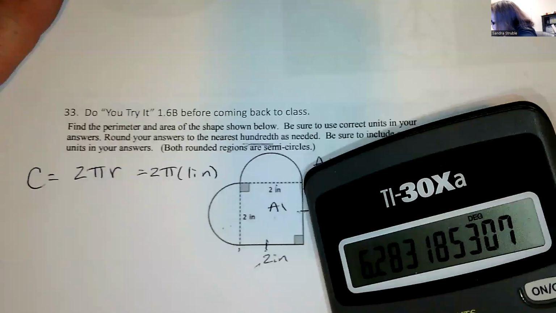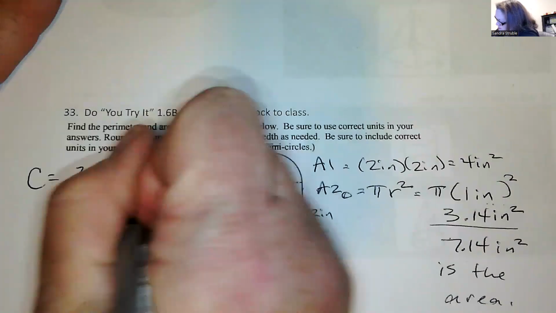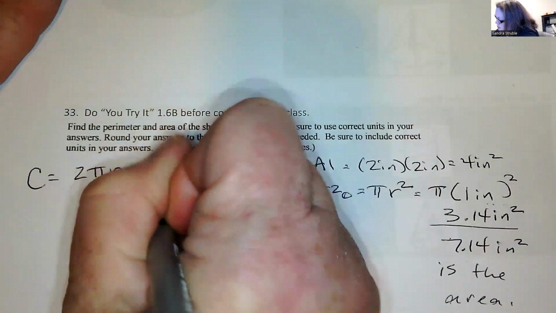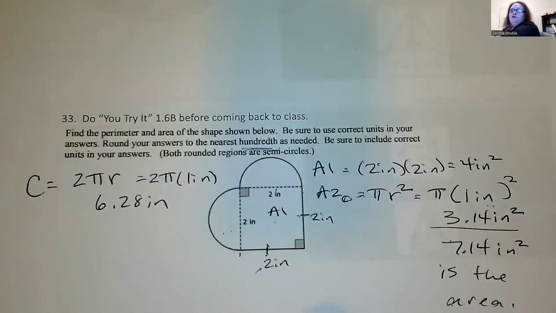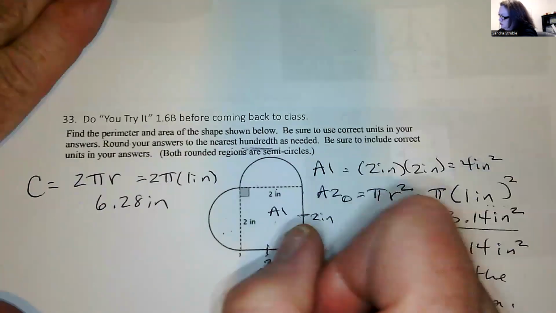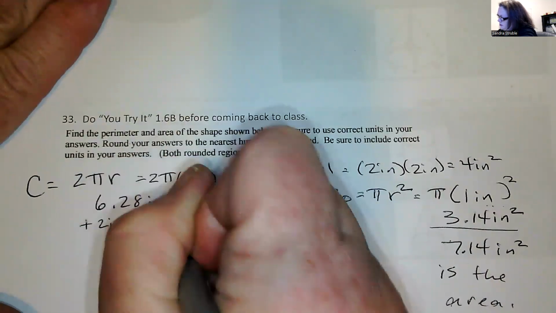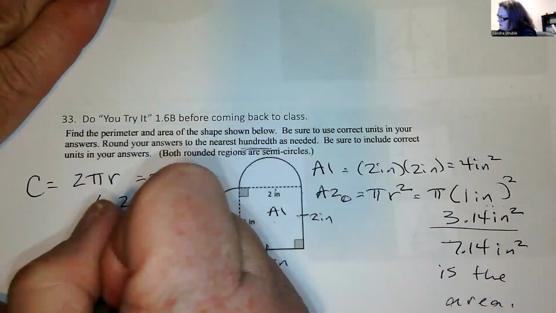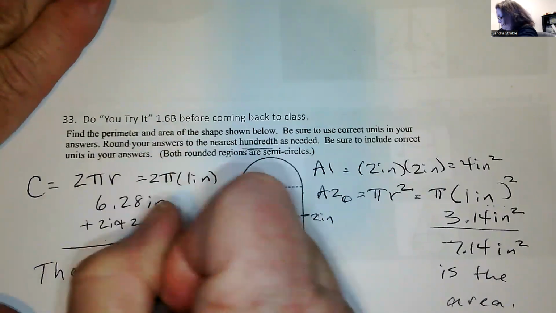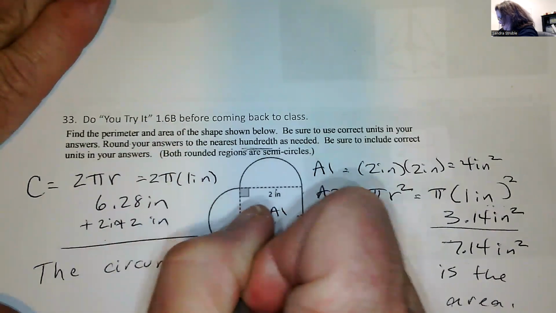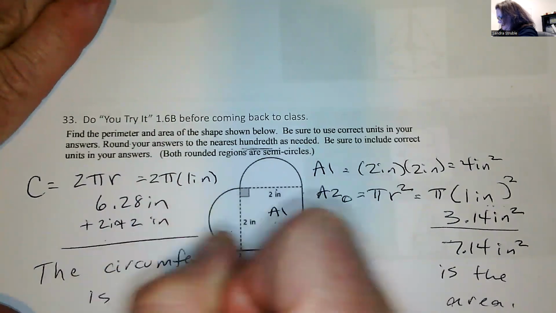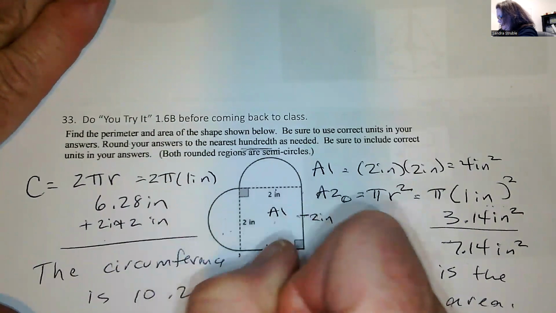So 6.28. So 6.28 inches is the circumference for the circle. And we're just going to add that to the 2 plus 2 inches. 6, 7, 8, 9, 10. So the perimeter is 10.28 inches.